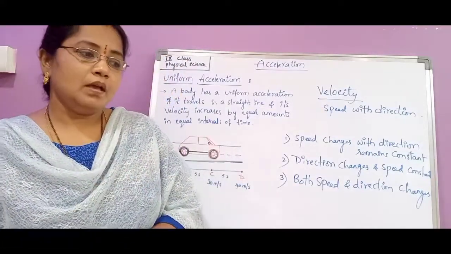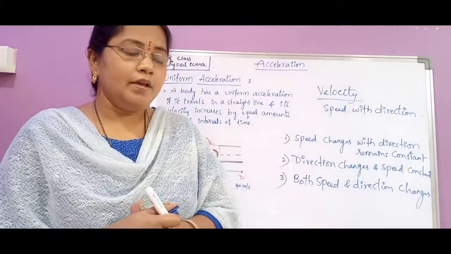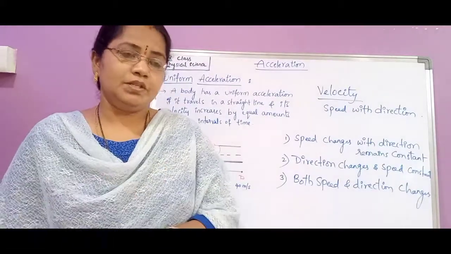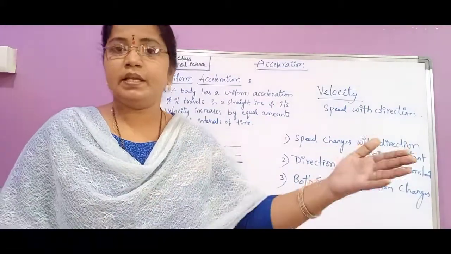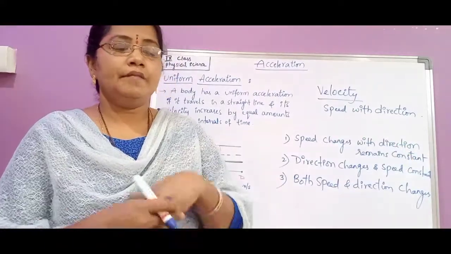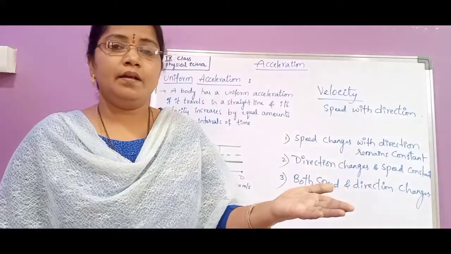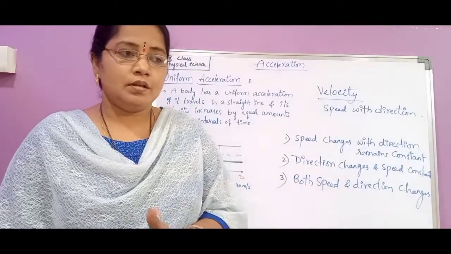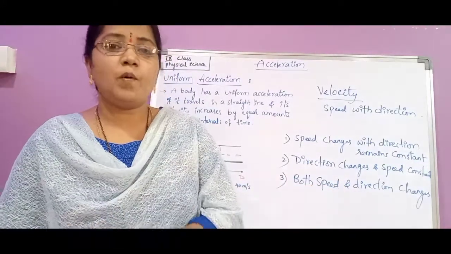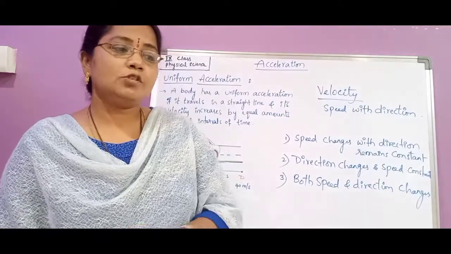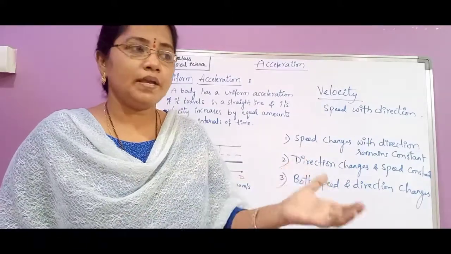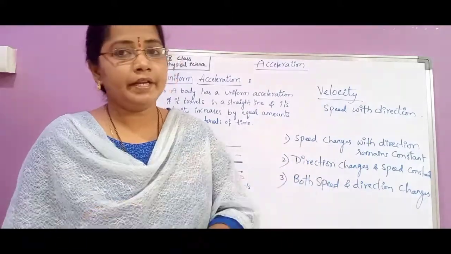The body is said to be accelerated when its velocity is changing. Changing means the velocity may be increasing or decreasing. In both cases, we can say that the body is accelerated. When the velocity is increasing, we say it has acceleration. When the velocity of a body is decreasing, in that case also the body has some acceleration, but it is a negative acceleration.